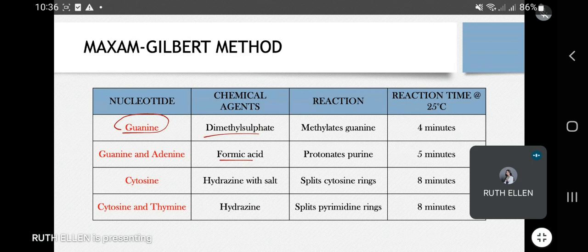Ang action ni formic acid is that it protonates purine. At sino yung mga purine bases natin? Class, sino yung mga purine bases natin?